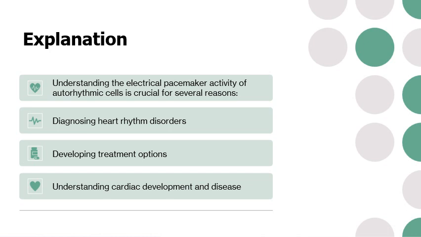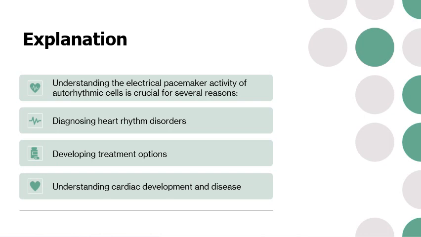And this next slide here, I have a little bit of explanation. So understanding the electrical pacemaker activity of autorhythmic cells is crucial for several reasons. Number one, diagnosing heart rhythm disorders, developing treatment options, understanding cardiac development and disease.